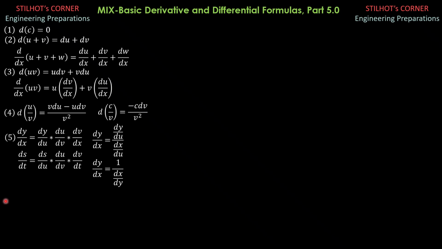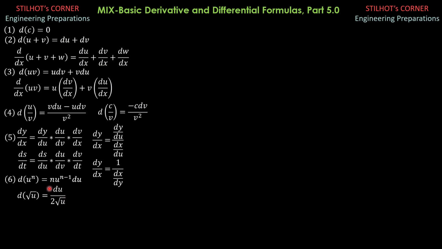Then this sixth formula is very common, but we can have the power formula by the way. By the power formula, the differential of u to the n is n u to the n minus 1 du. That's why the next one is very common: the derivative of square root of u is du over 2 square root of u.